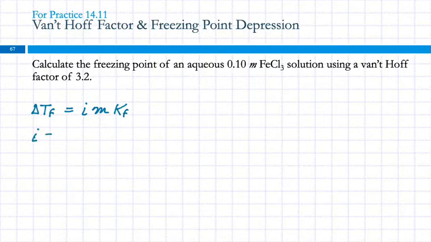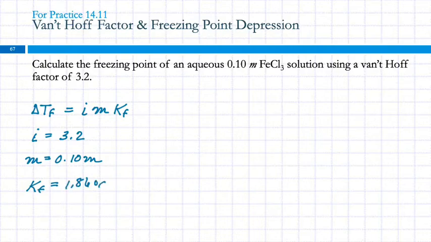So i is equal to 3.2. That doesn't have a unit. The molality was given to us, 0.10 molal. And Kf, we would look up, 1.86 degrees Celsius per molal.